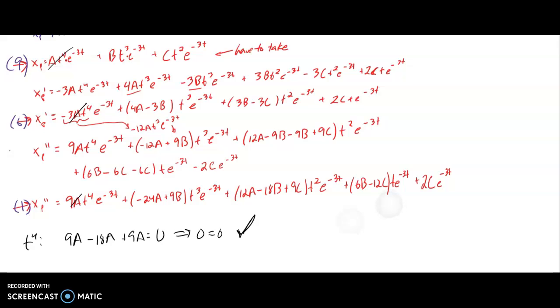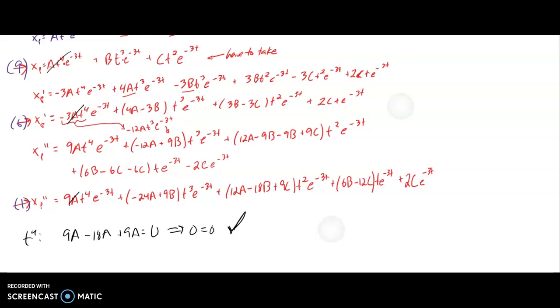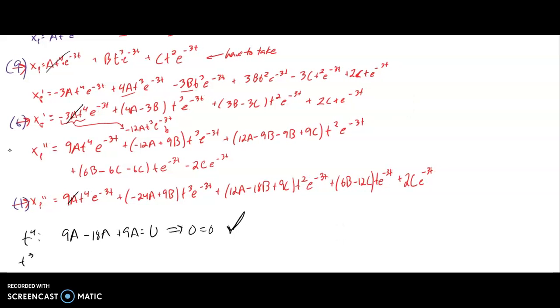All right, so my t cubed term. That one gives me, all right, this is going to get multiplied by 9, so that gives me 9b. This one right here is going to get multiplied by 6, so that gives me plus 24a minus 9b, or sorry, not minus, 18b.